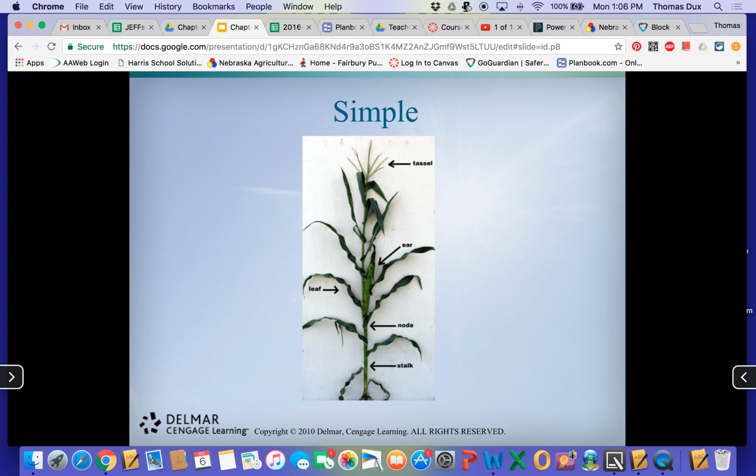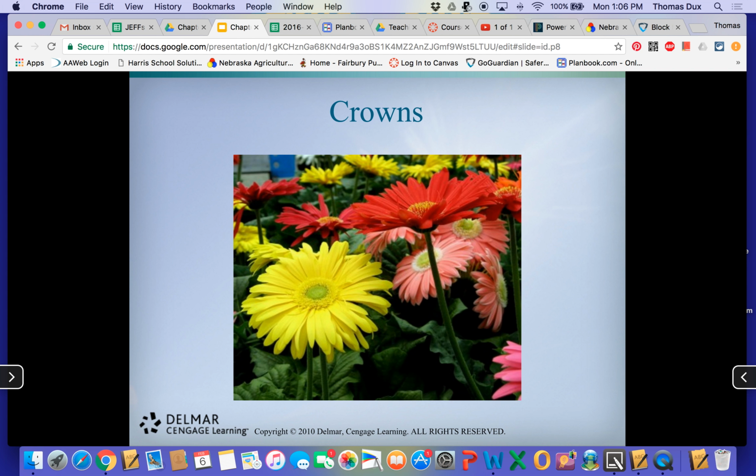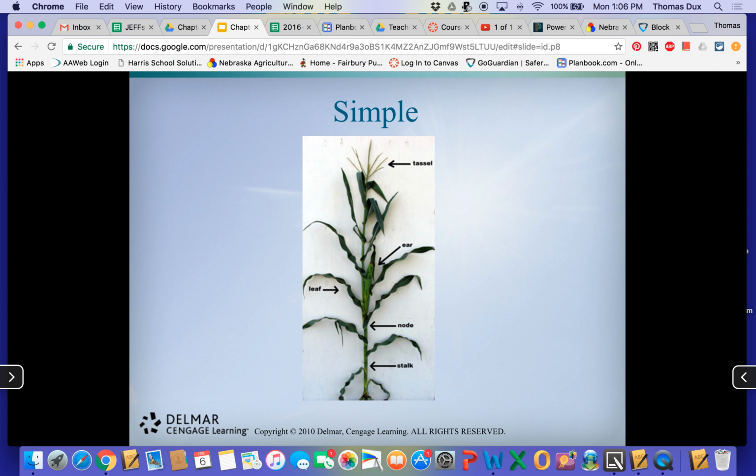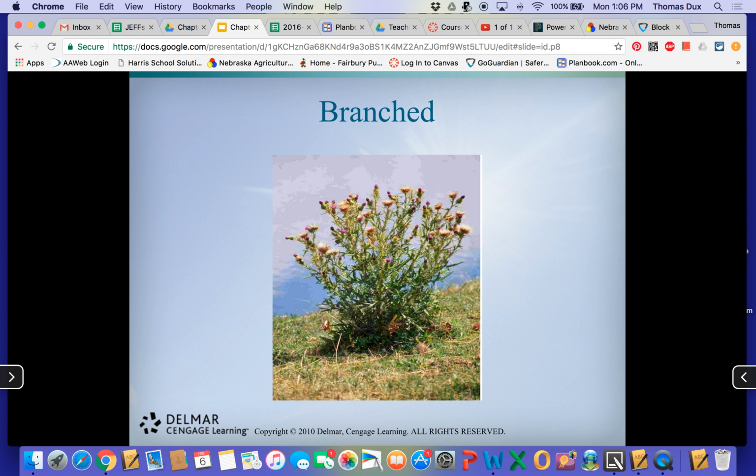All right, here would be a simple leaf here. It says, or stem, without branches, but it has leaves coming off of it. Anybody know what this plant is? That's a thistle. What type of roots do these have?